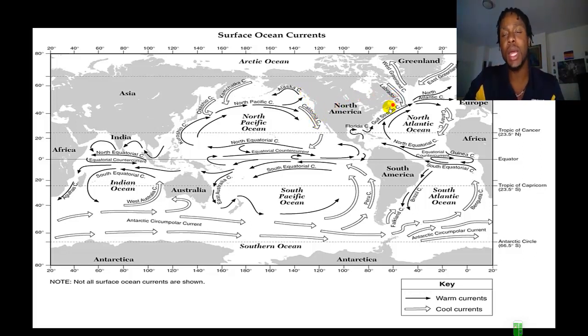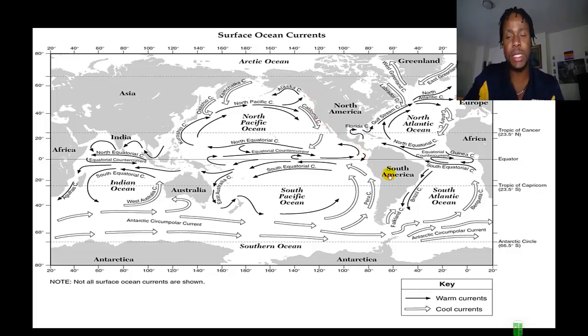On the east coast of America, you see a warm current bringing in warmer temperatures and a lot of moisture. As a result, there is a great difference in the climate of the east coast compared to the west coast.